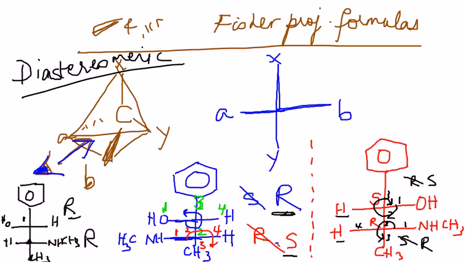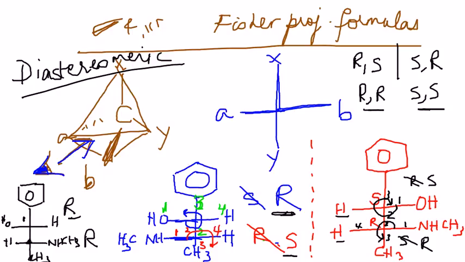Enantiomers would mean they have completely inverted configuration. That means if you had an RS system, it's going to give you an SR system. On the other hand, if you're thinking about a diastereomer, half of it is going to be exactly the same. The other half would be inverted. So in this case, your possibilities are the RR and the SS. They themselves are enantiomeric in nature, but they are diastereomeric with respect to both of these cases.